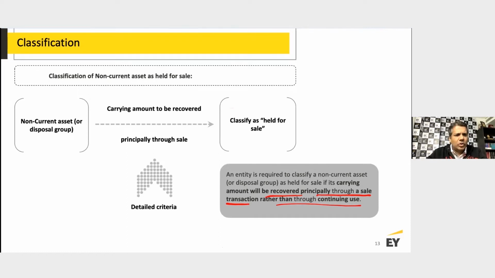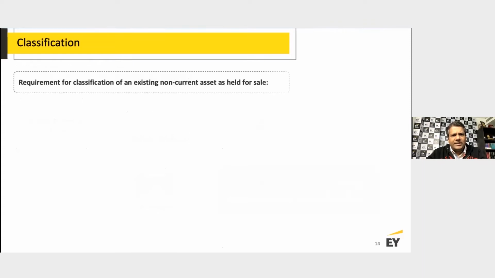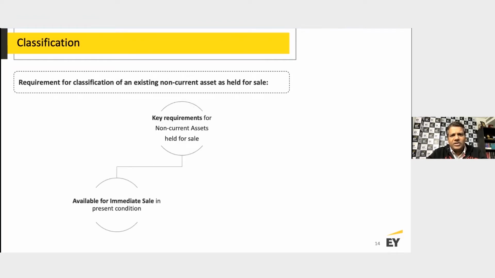So what else do I need to worry about? When you look at the requirement for classification of an existing non-current asset as held for sale, there are two key requirements. One is that it has to be available for sale in its present condition.